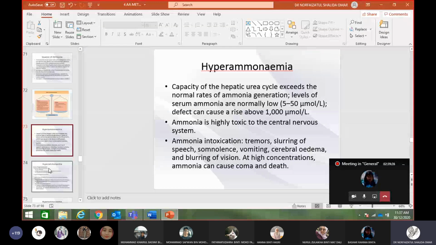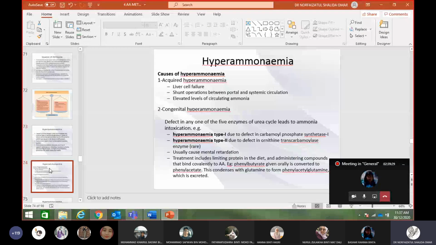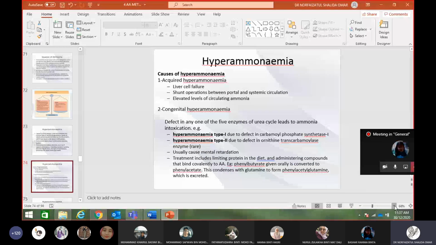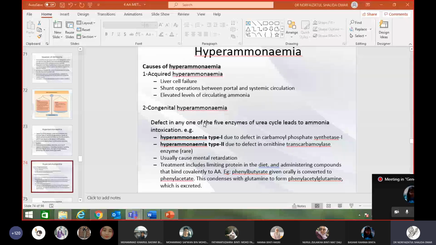So these are the types of hyperammonemia. We divide into two: either acquired or congenital. Congenital is a genetic disorder. Acquired means it is secondary to other diseases such as liver failure, with elevated levels of circulating ammonia.